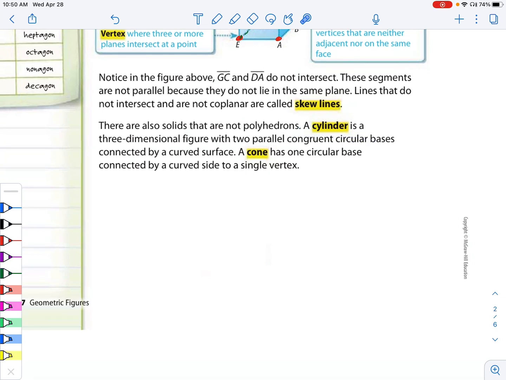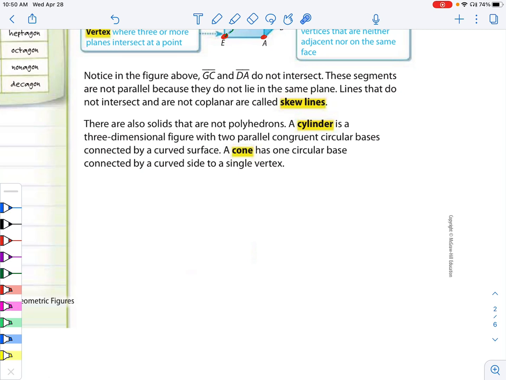A cylinder is a three-dimensional figure with two parallel congruent circular bases connected by a curved surface. This is the curved surface of our cylinder.